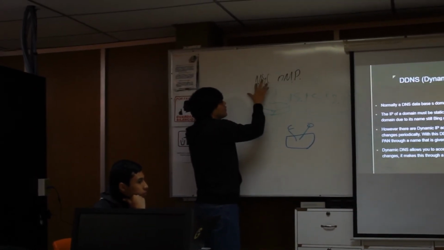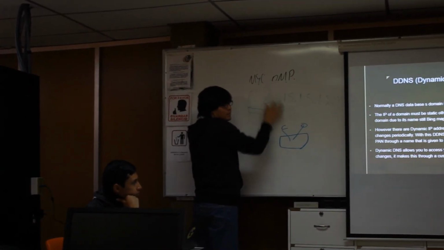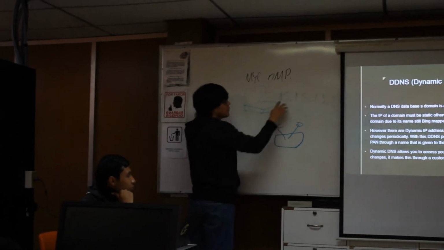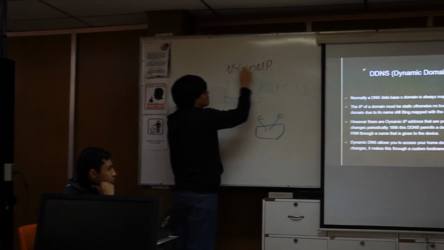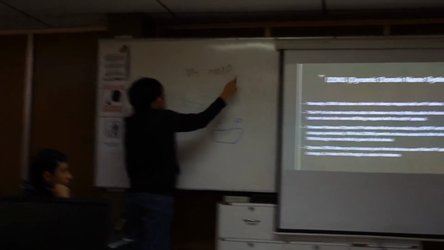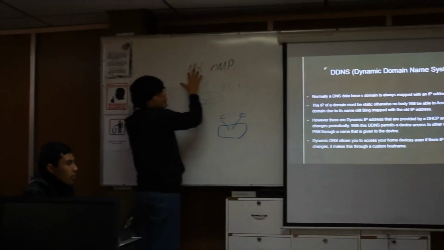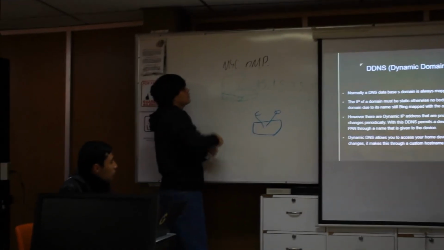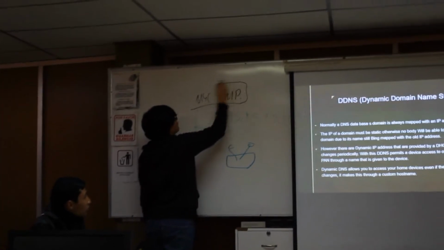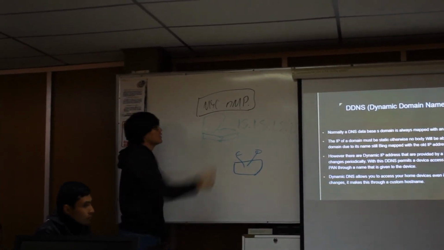So, it will know that it has this name, and still it will be able to map the DNS with this IP or any IP. This will be just the identifier of your computer. Yes. The main identifier.